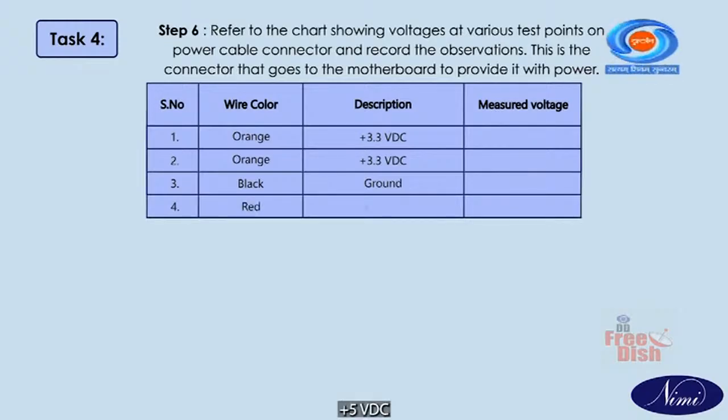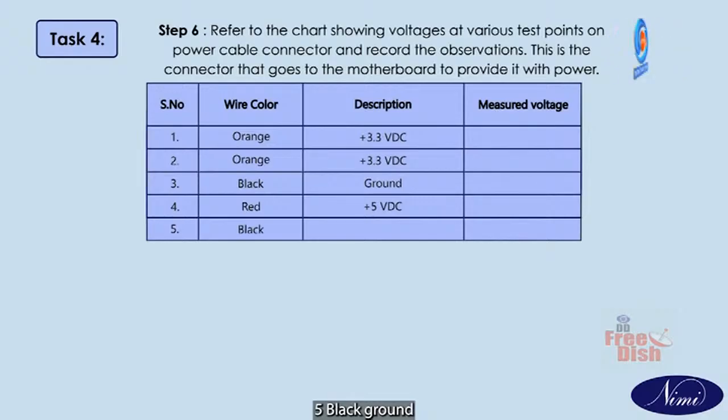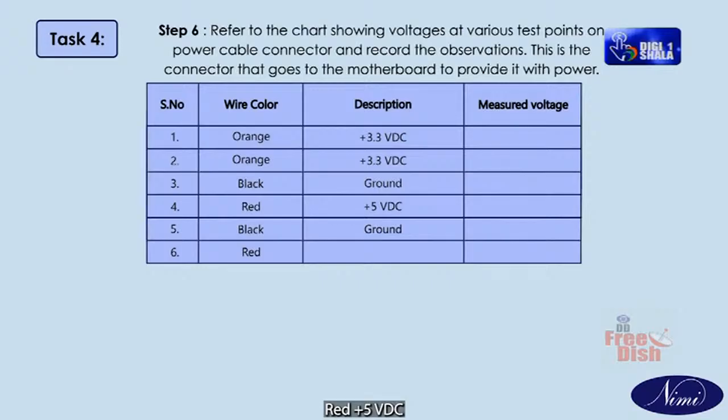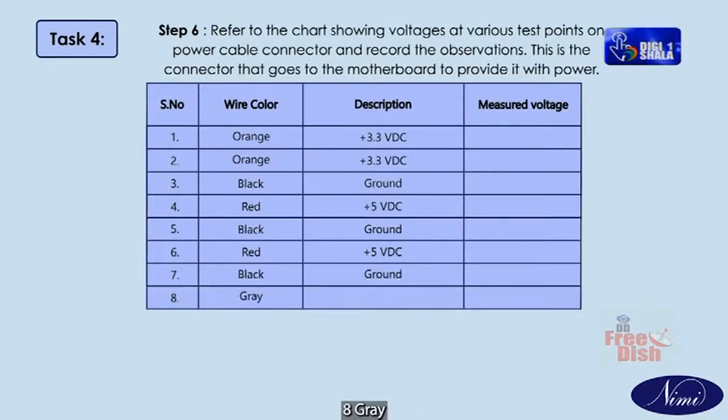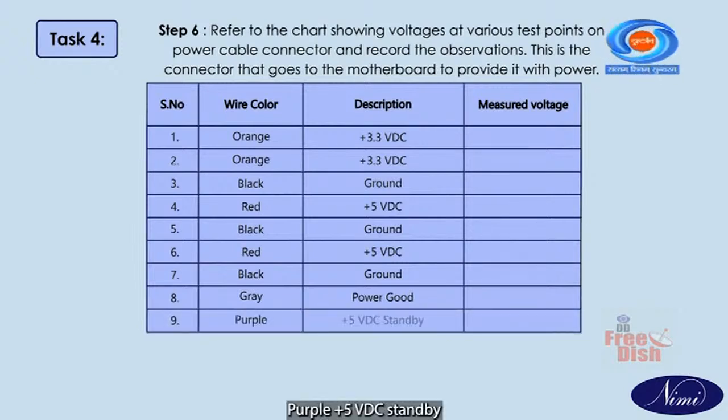Red, plus 5 VDC. 5. Black. Ground. 6. Red, plus 5 VDC. 7. Black. Ground. 8. Gray, power good. 9. Purple, plus 5 VDC standby.